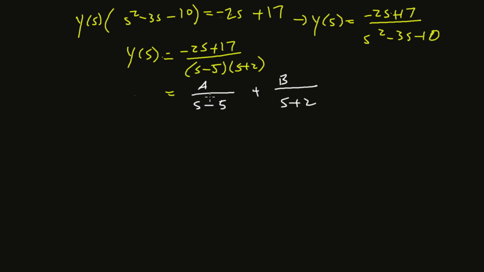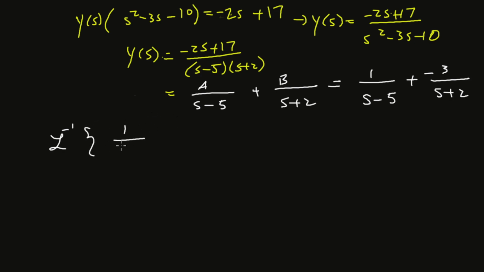So use the same method as the previous example, and you should get 1 over s minus 5, and negative 3 for b over s plus 2, and now we are in the last step: take the inverse transform on these.